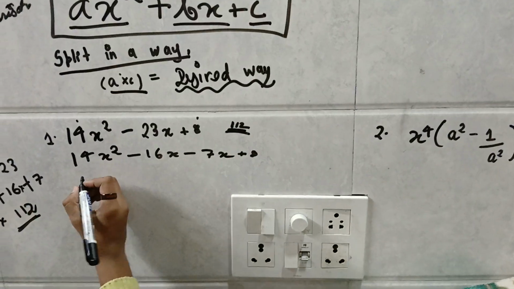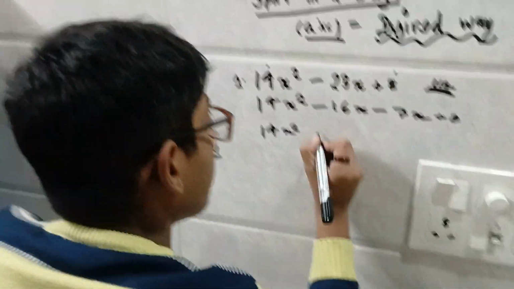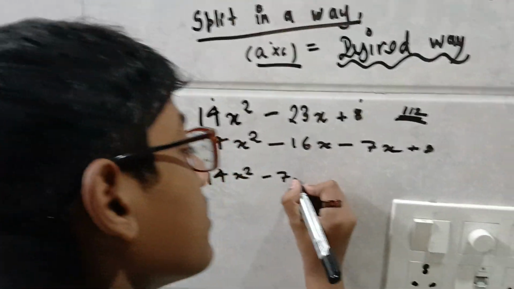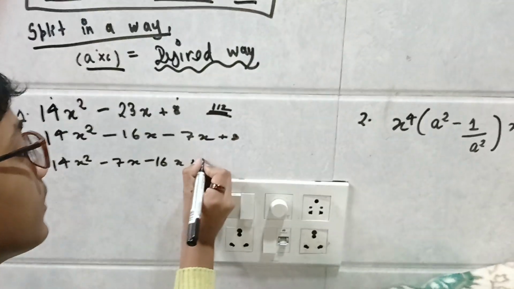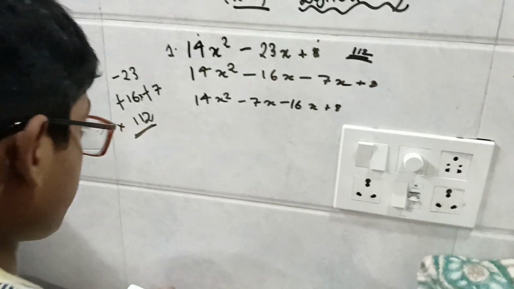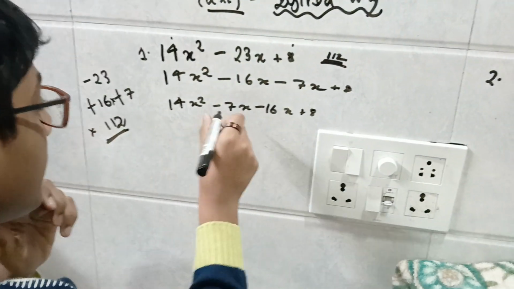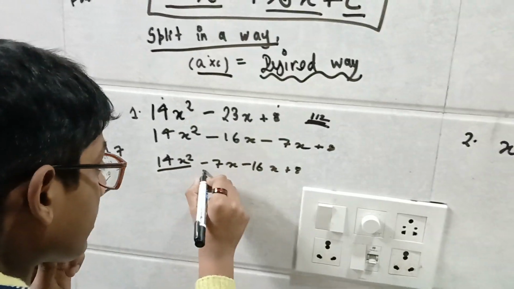Now we can switch them around a little like this. 14x squared minus 7x minus 16x plus 8. Now in the next step, we have to do nothing but take the common factor. What is common in 14x squared and minus 7x?